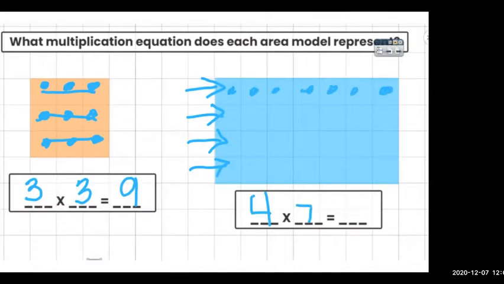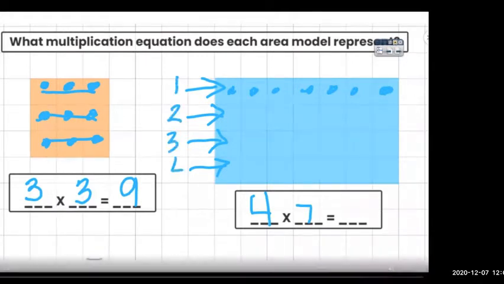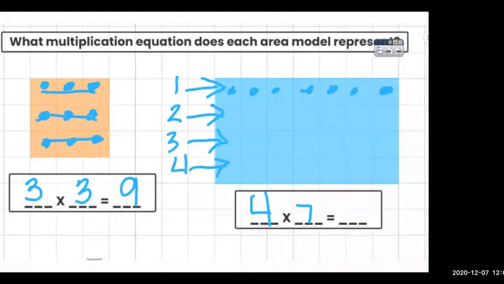So what we have here are 4 rows, 1, 2, 3, 4 rows, and each row, as we saw, has 7 in it. So if we counted each one of these squares, we would say that 4 times 7 is 28, or 4 rows of 7 equals 28.